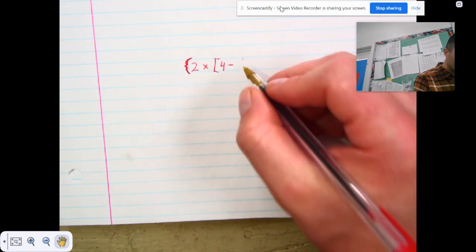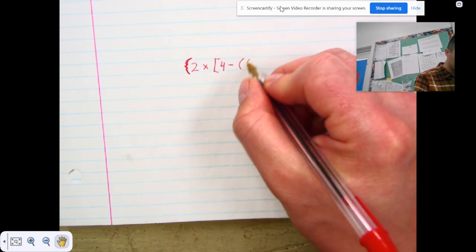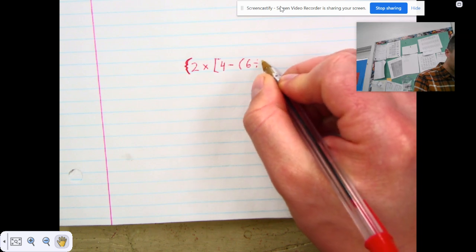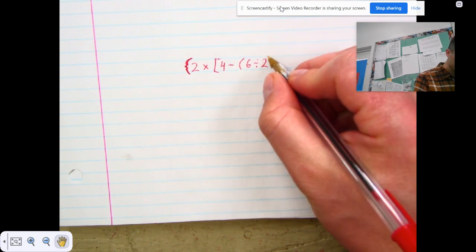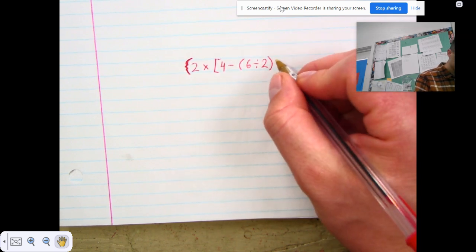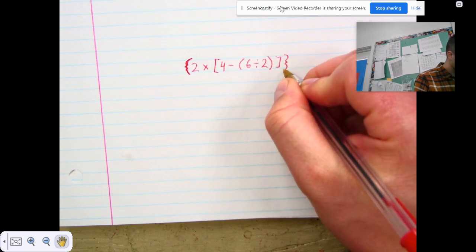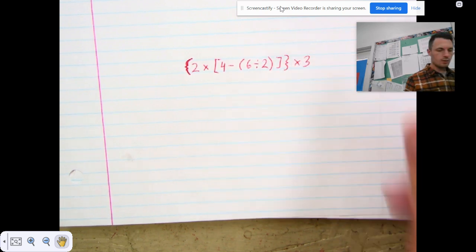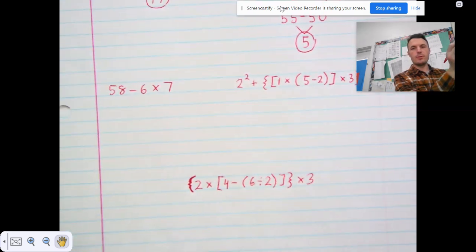That's in braces. 4 minus, in regular parentheses, 6 divided by 2 times 3. Okay, here are your 3 independent practice problems.